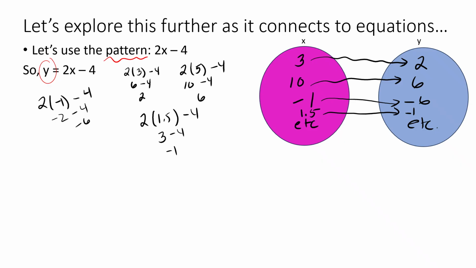And what I want you to really notice is that we're using this pattern, this 2x minus 4, and we're generating this set of domain and range, this set of mapping pairs. Sometimes instead of the y you'll see the expression written there, 2x minus 4, and that shows you this is the pattern we're using to get there.